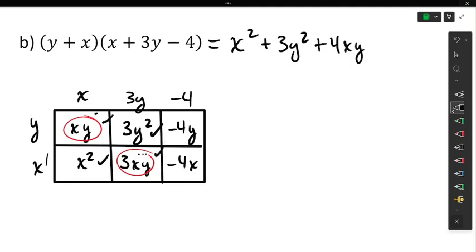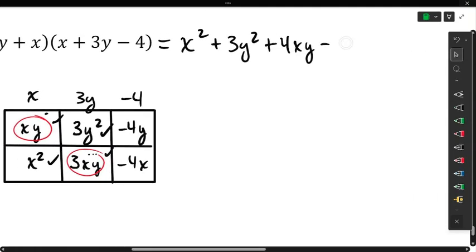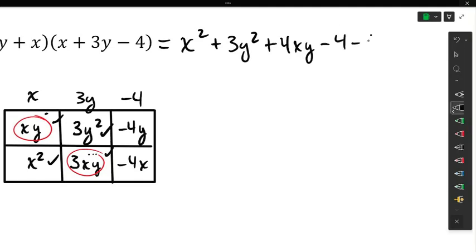Then it's got a minus 4x, and then it's got a minus 4y.